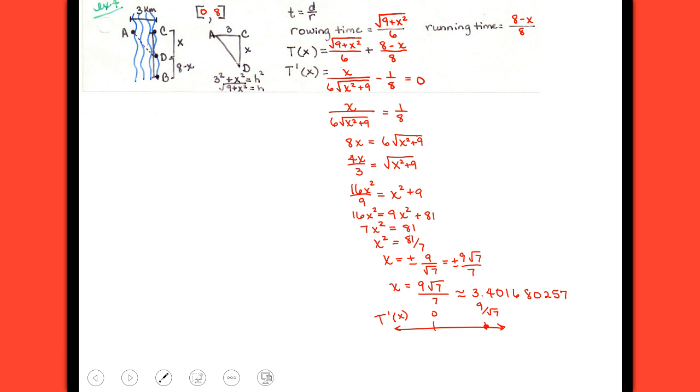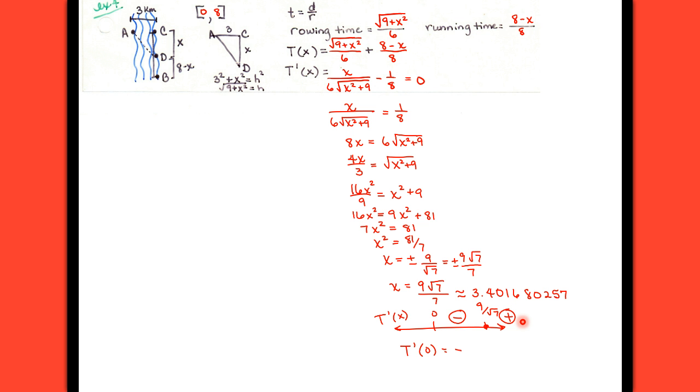So if we plot that and we pick a test point, I'm going to choose 0. Since I'm trying to create a sign graph for the derivative, remember I plug into the derivative, not the original. So if I plug in 0, I get a negative value. Cross a single critical number, the sign changes, or you could test a point on the interval on the other side as well to find out that it's positive.